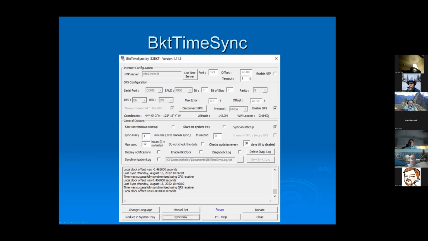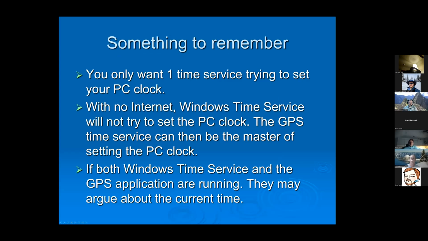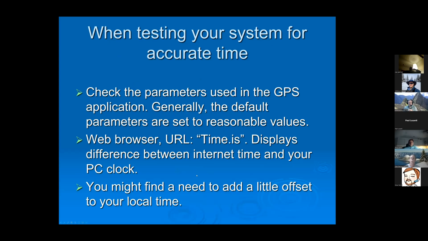If everything's mellowed out and it's all working just fine, then bring up your web browser, which means you also have a connection to the internet, and enter time.is. Time.is will display the difference between the internet time and your local PC time. That'll give you the confirmation that everything is working correctly.